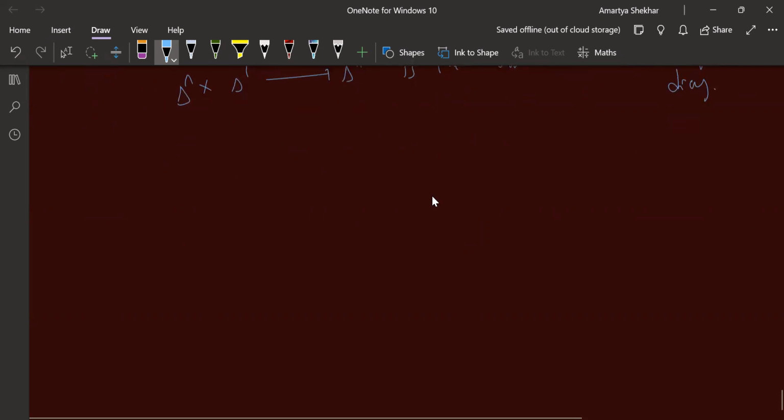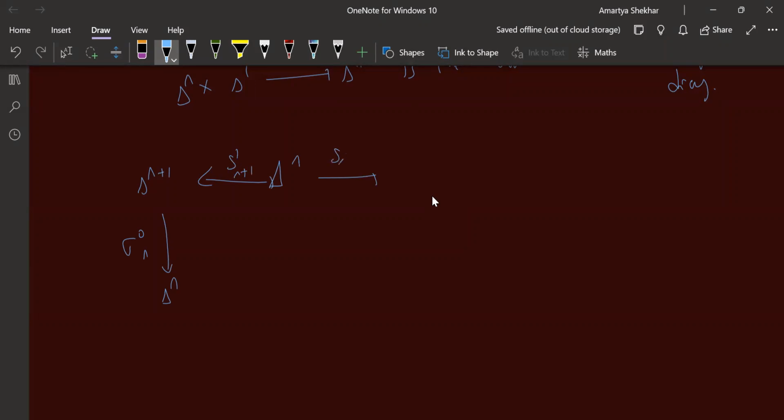So let me draw the line. The unlabeled arrows will be the identity arrows. So right, you have a diagram of this form, something of this kind.